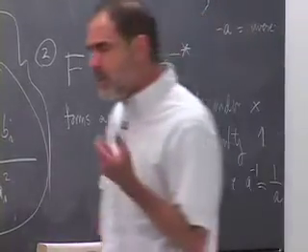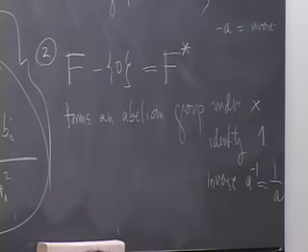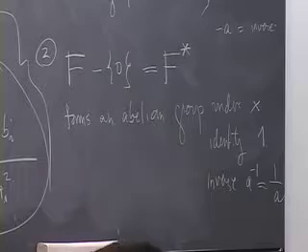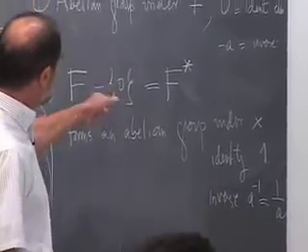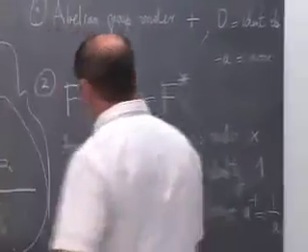So you have to have two abelian groups to get yourself a field. An addition group, which is easy, and then the multiplication group, which has to work for every non-zero element. So in other words, every non-zero element has an inverse. That's critical.